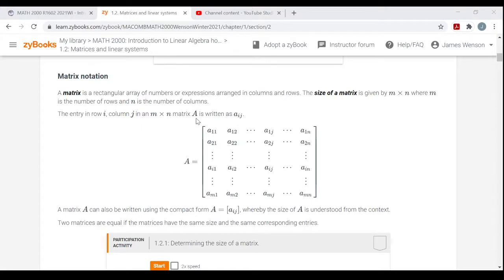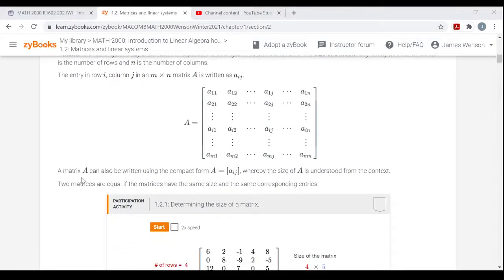If the matrix is capital A, any entry within the matrix is represented by a lowercase version with a subscript, and the subscript tells you what row and column you're in. For instance, a11 is the entry in row 1, column 1, first row, first column. a12 is the entry in the first row, second column, and so on. So aij is the entry in the ith row and jth column.